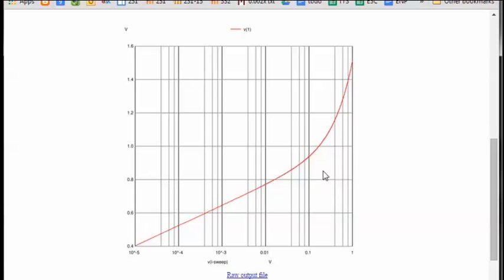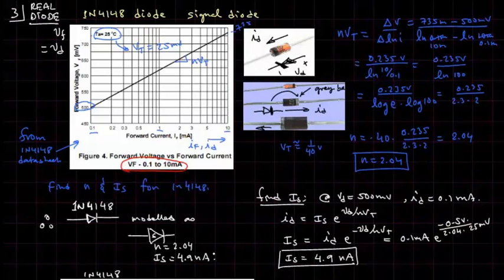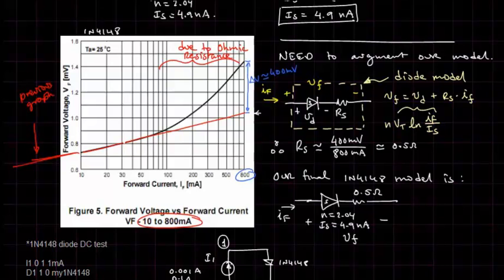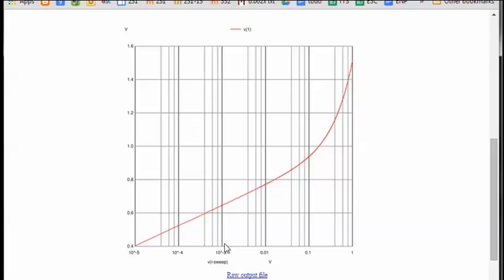And you notice that we have the same trajectory. Let's check at a point here. We find that it crosses 0.8 volts just above 10 milliamps. So if we go back to our model, here it crosses 0.8 volts at above 10 milliamps, basically at 30, partway between 10 and 100.